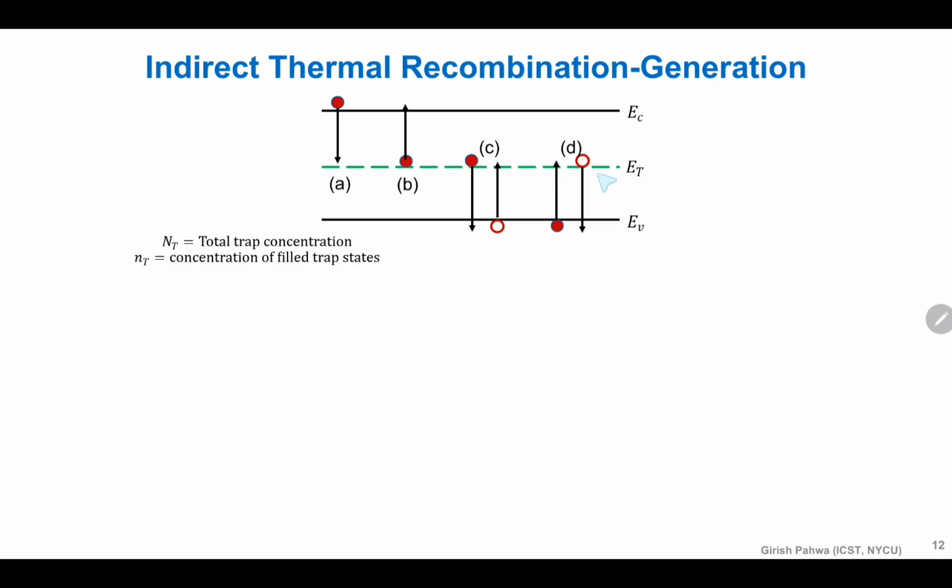Some of them will be filled, some of them will be empty. And of course, nt plus pt will be equal to capital NT, the total number of states. Now I am going to calculate the rate at which these processes happen.